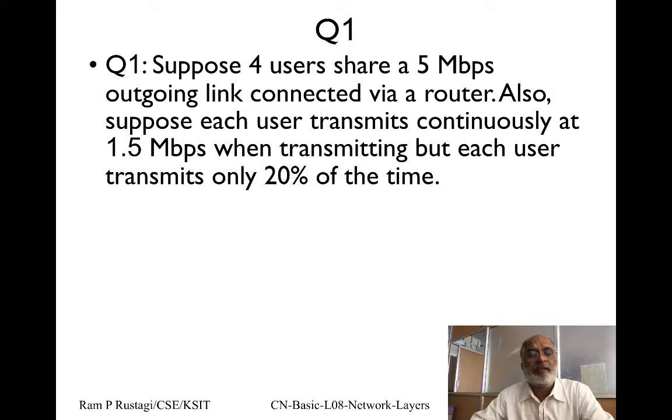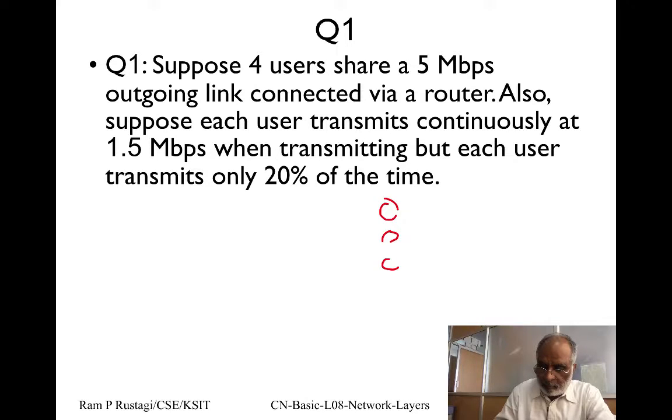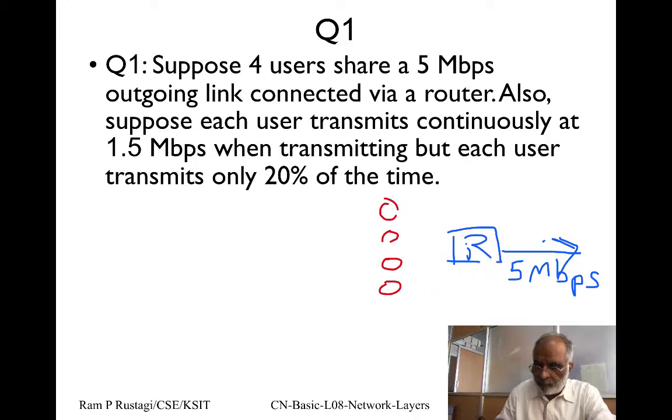In the first question, consider that there are 4 users who are sharing a 5 Mbps outgoing link, when the link is connected to a router. So let's say I have user 1, user 2, user 3, user 4, and there is a router here, and the outgoing link is 5 Mbps, and these users are sharing that link.